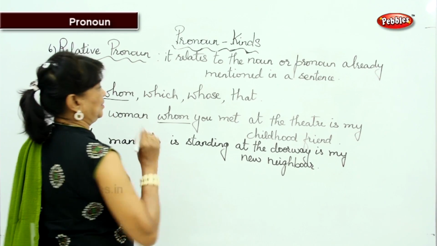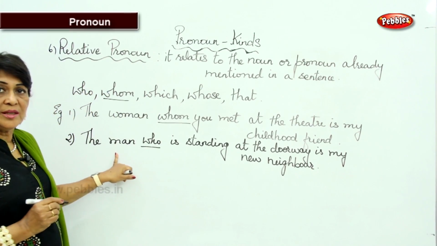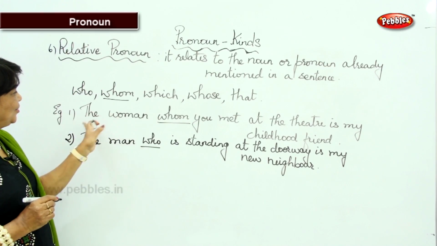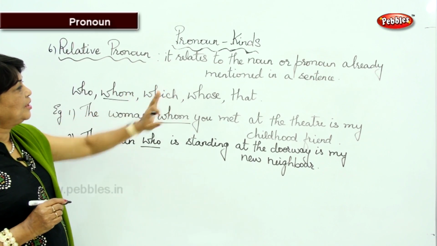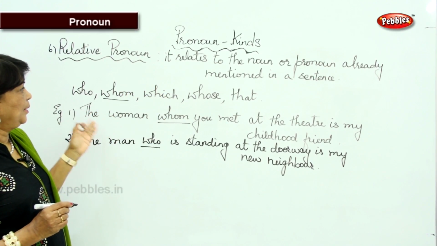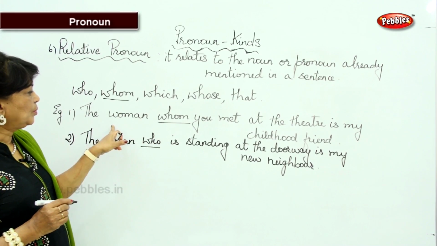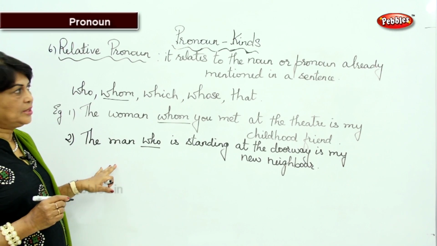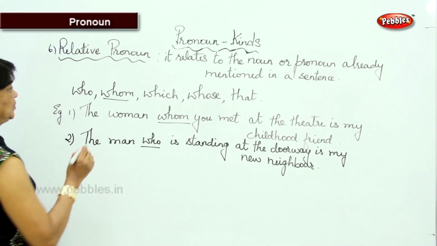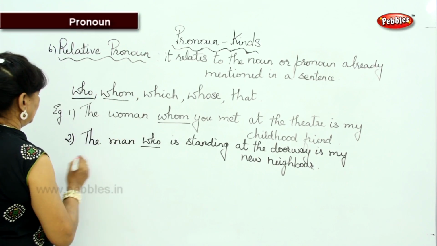Who? Now, who refers to the man. So you see, it relates to the noun or pronoun already mentioned in a sentence. So whom refers to the woman and who refers to the man. Now we have seen two.